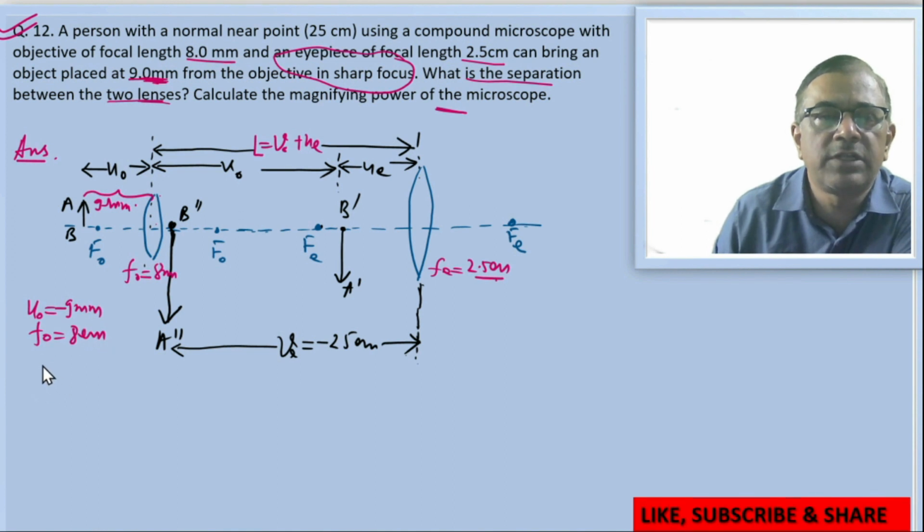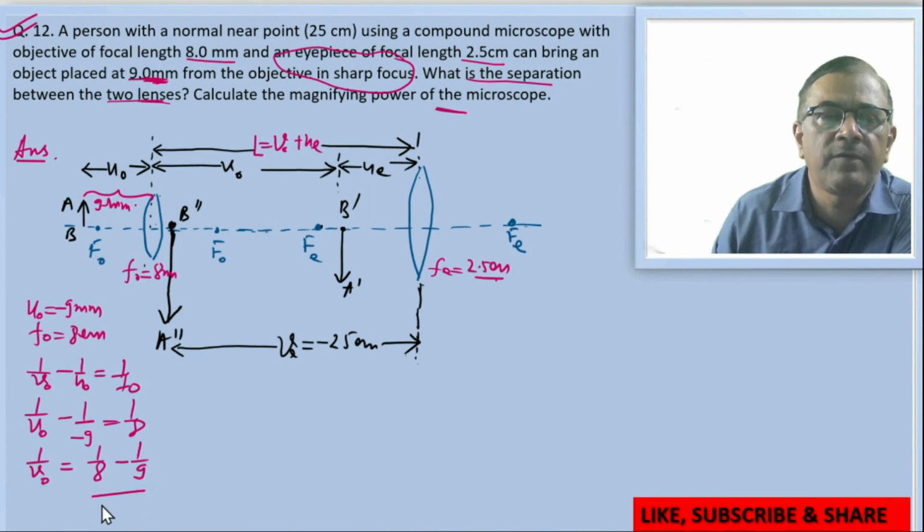Now let us use the lens formula. 1 by VO minus 1 by UO equals 1 by FO. So 1 by VO minus 1 by minus 9 equals 1 by 8, or 1 by VO equals 1 by 8 minus 1 by 9. 8 and 9, the LCM is 72.